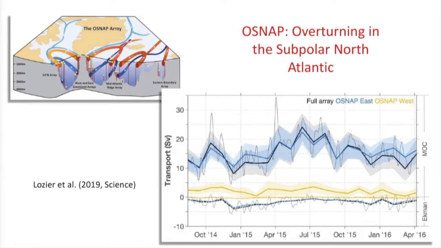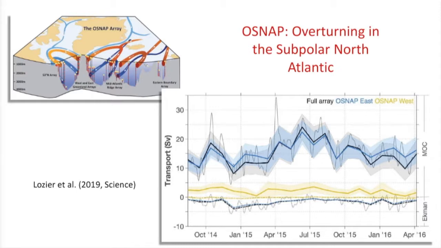And this is also tied to a very recent study, a paper published in Science earlier this year, led by Susan. These are the first results from the OSNAP array, showing a 21-month time series of the overturning transport. In the interest of time, we can just look at the solid lines here.